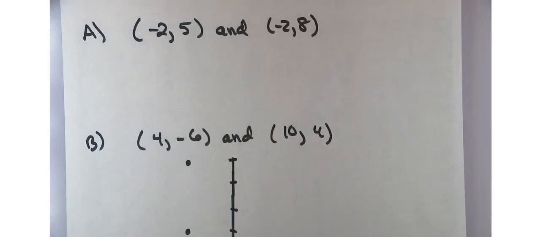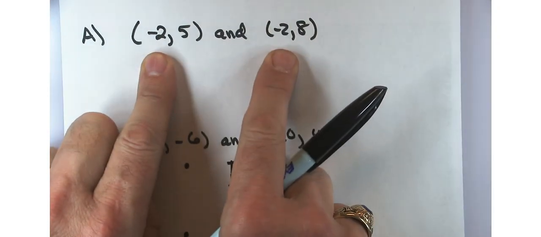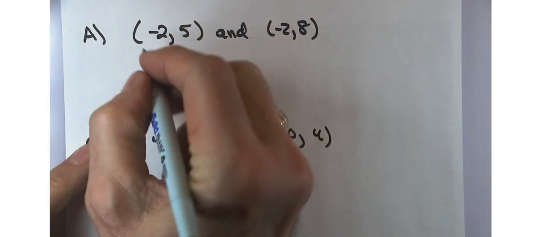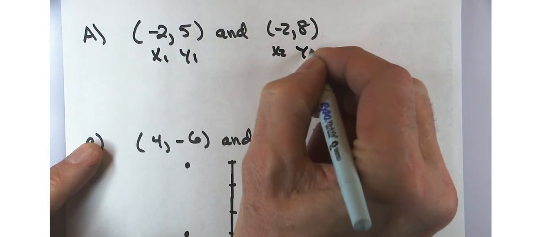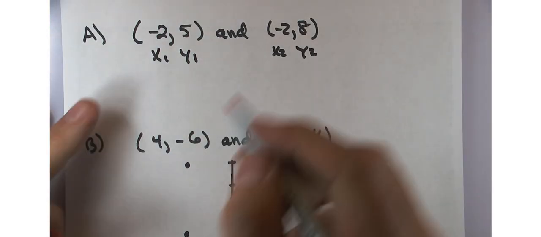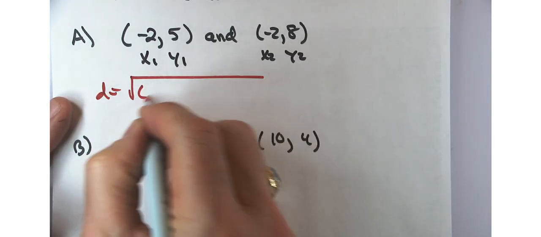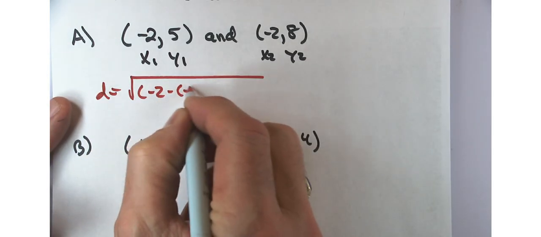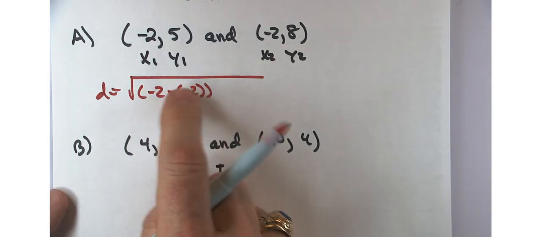So let's look at this one. Now, I did choose -2 to be the same in both of these for a reason. But let's actually do the calculation first and then understand the reason second. So as far as the calculation is concerned, we're going to do the square root of (-2 minus -2). Be careful, use an extra set of parentheses so that you see the double negative.